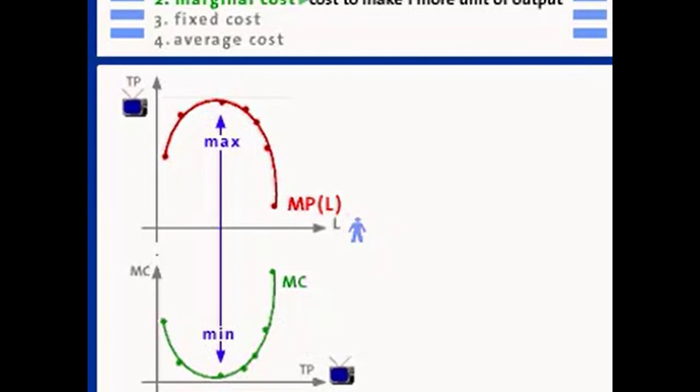Beyond this point, congestion starts to take over. Workers are crowded using the given number of tools in the fixed production space. Over here you get congestion, and marginal productivity begins to fall as the workers get in each other's way and end up sharing the tools, and that gets hard, and we don't have enough fixed inputs here to accommodate all these workers. Well, once you're into declining marginal productivity, then the marginal cost of production starts to rise.